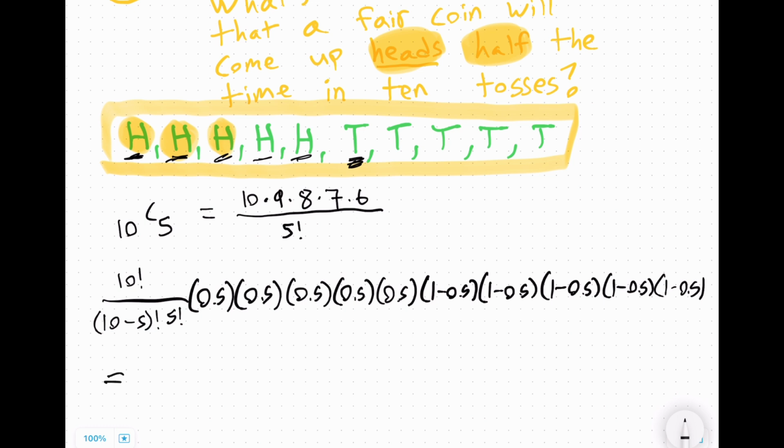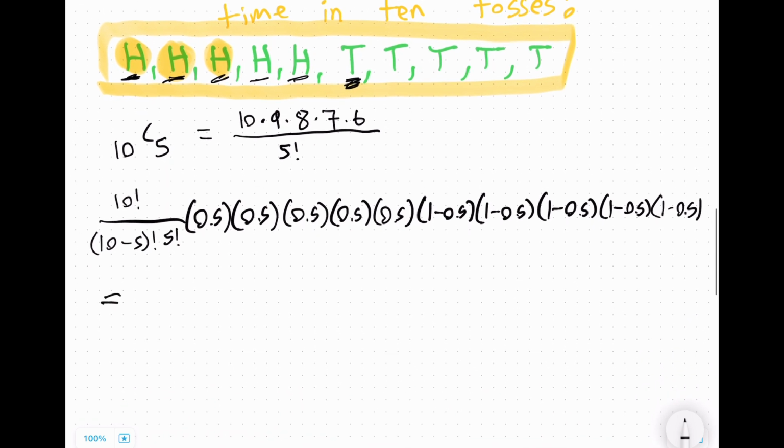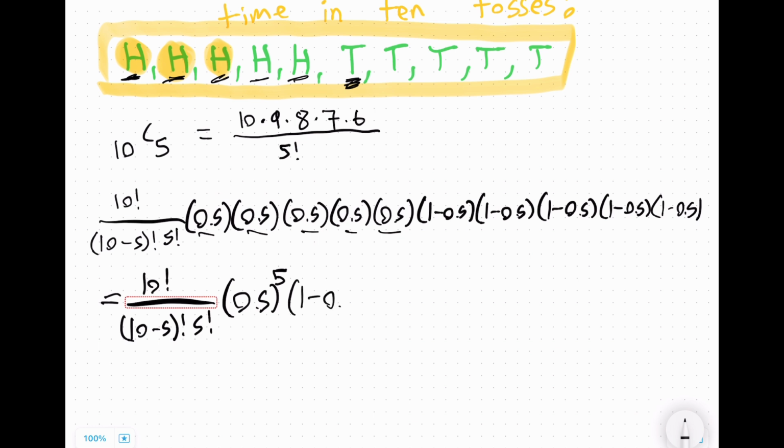Or in other words, that's the same as 10 factorial over 10 minus 5 factorial times 5 factorial times the 0.5. So we have 1, 2, 3, 4, 5, so we have it raised to the 5th power. And likewise with the 1 minus 0.5, that's raised to the 5th power.